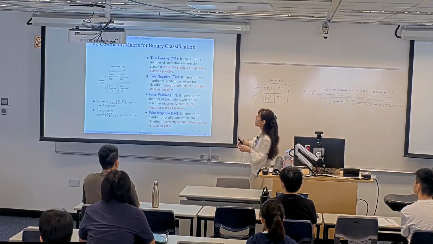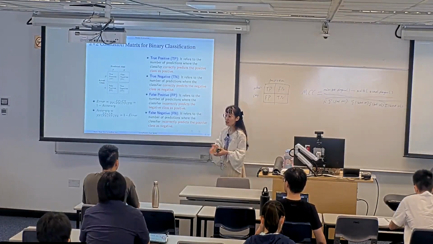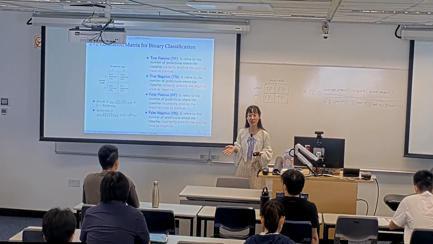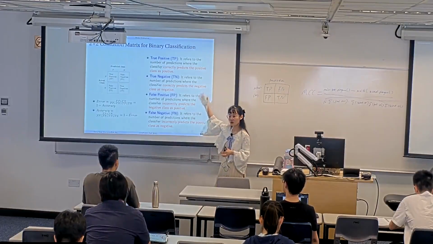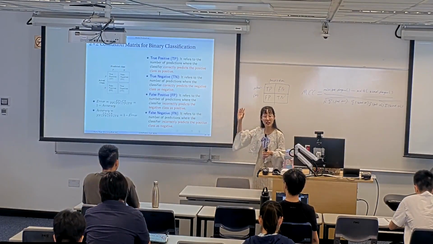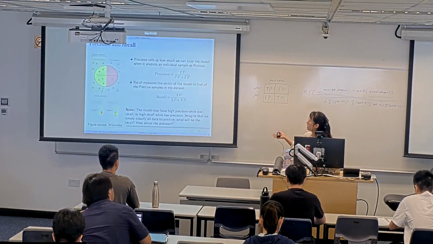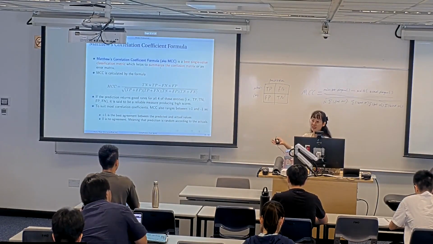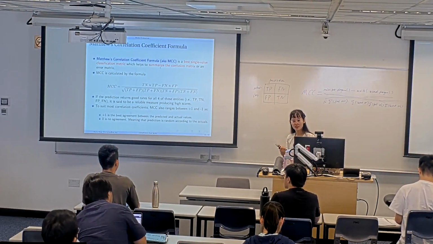You need to know what true positive, true negative, false positive, false negative are for both binary and multi-class classification. Basically, when given a confusion matrix, you have to know how to get these values. And after that, all of the formulas like precision, recall, F1, MCC, we will provide to you. So no need to memorize these formulas. You only need to figure out what the concepts represent.